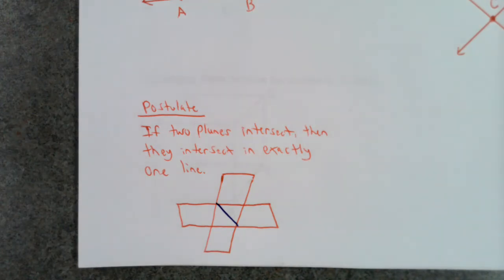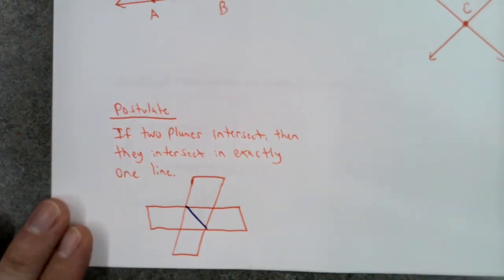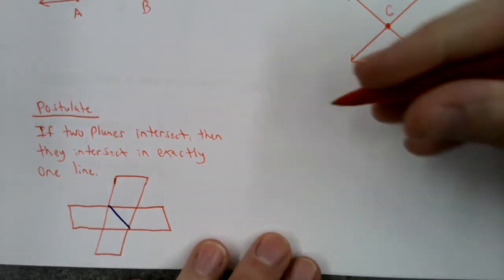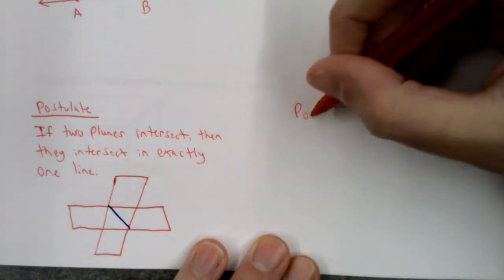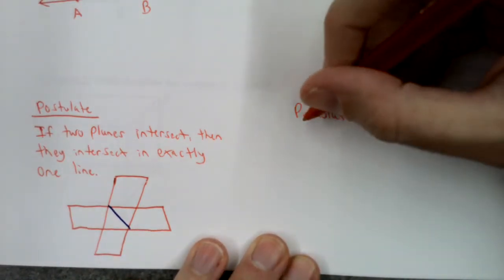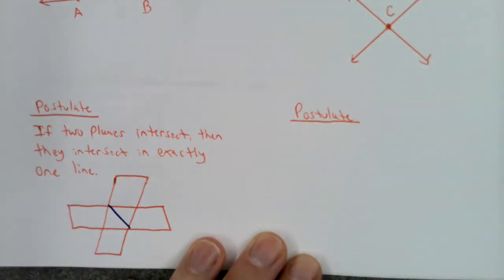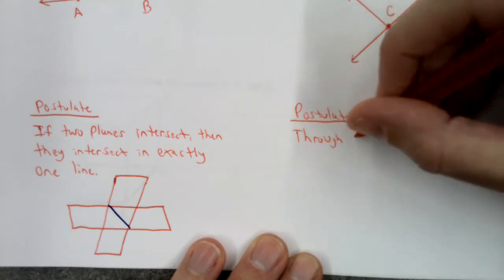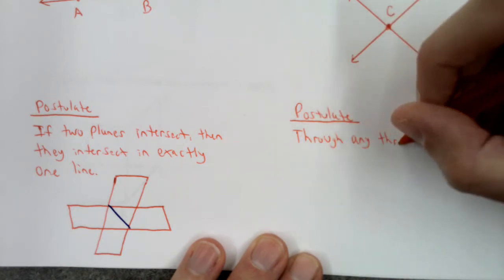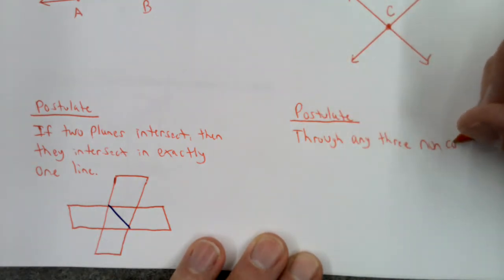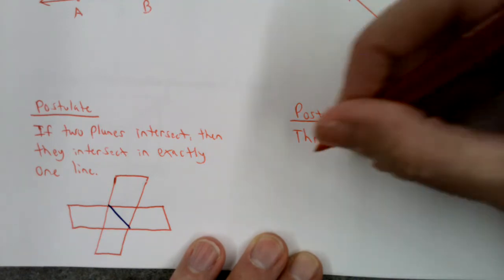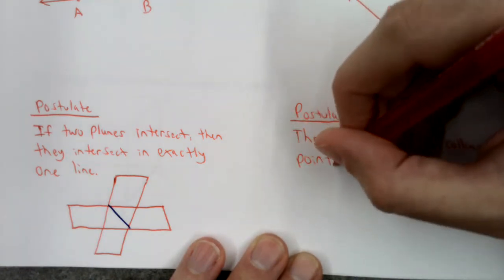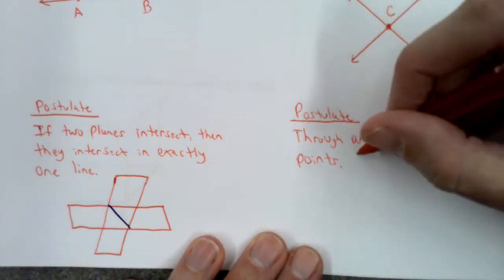Okay. And this last postulate, which I'm not going to draw a diagram for, but I'm just going to tell you. Through any three non-collinear points, there is exactly one plane.